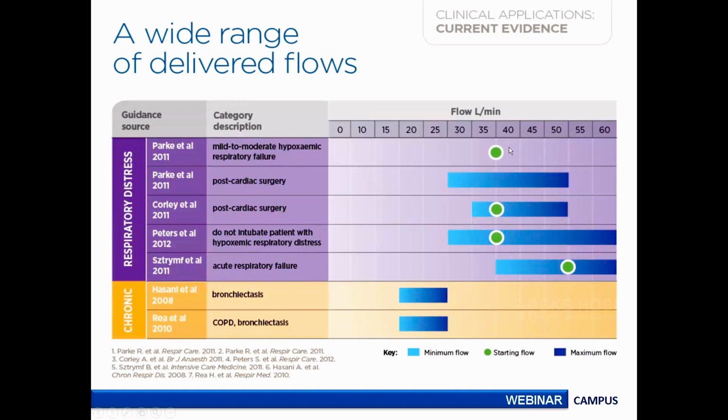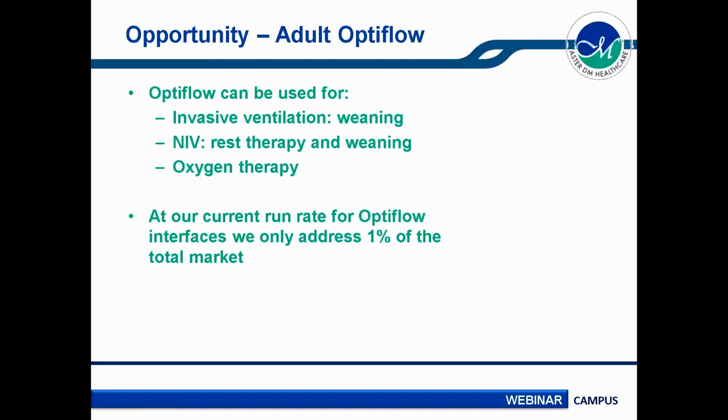But in other situations you can keep a flow somewhere around 30 to 35. And in situations like bronchiectasis, COPD, etc., you don't need very high flow. You need only a minimal flow. Here, basically, you are using it for toileting or better hydration and clearance of secretions.